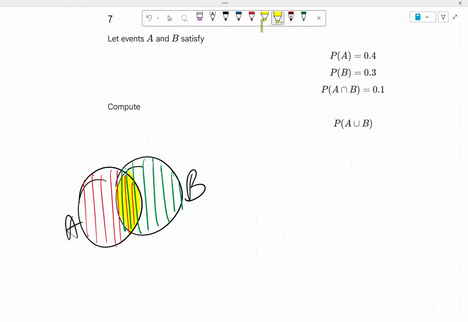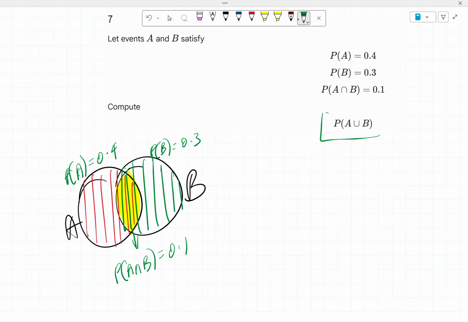So it means the probability of the whole A is 0.4. Probability of the whole B is 0.3. And the probability A intersection B is equal to 0.1.